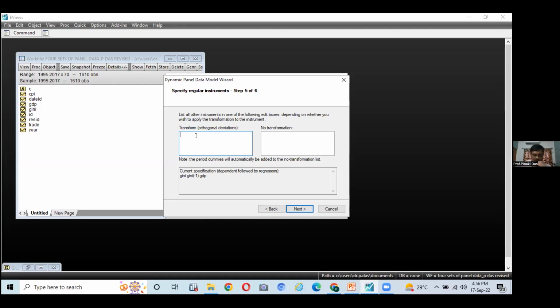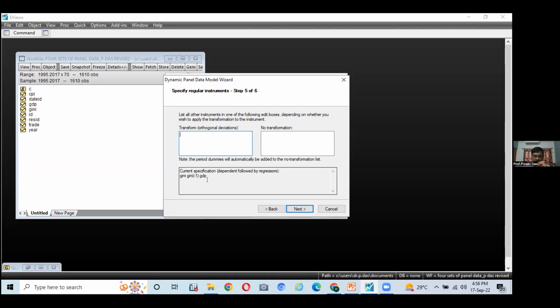What are the remaining instrumental variables in this model? In the current specification of the model, Gini, or YIT, is the dependent variable. This is the current specification of the model: Gini, then Gini -1 and GDP.